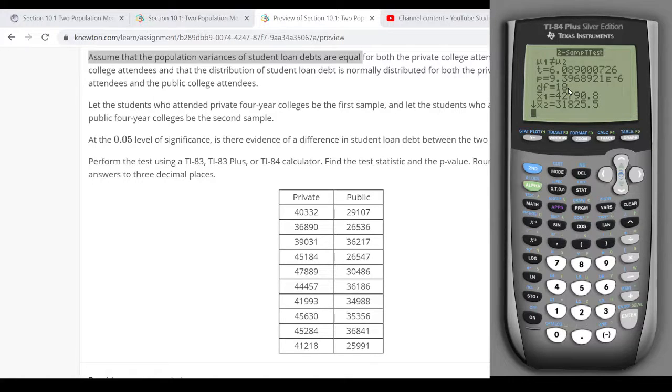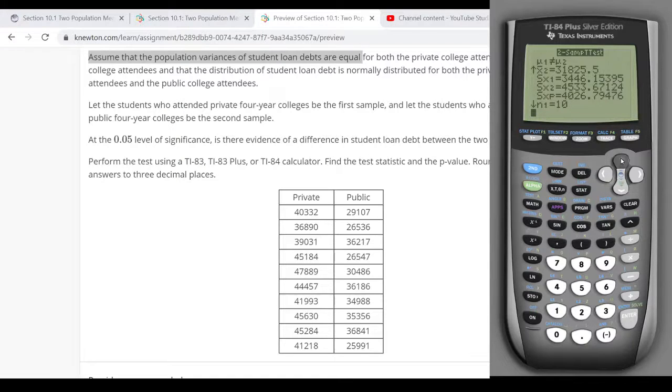Degrees of freedom, 18. Right. And then it gives you the private school students' mean debt and the public school mean debt. It gives you the standard deviation of the private school students and the standard deviation of the public school students. It gives you that Sp, right, that pooled standard deviation, the size of sample 1, the size of sample 2.